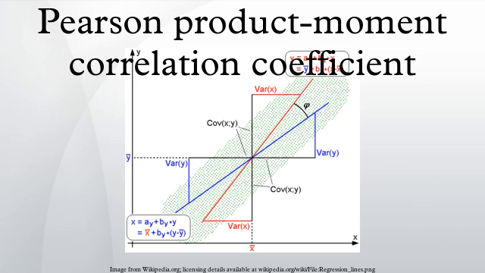Sensitivity to the data distribution: existence. The population Pearson correlation coefficient is defined in terms of moments, and therefore exists for any bivariate probability distribution for which the population covariance is defined and the marginal population variances are defined and are non-zero. Some probability distributions such as the Cauchy distribution have undefined variance and hence ρ is not defined if X or Y follows such a distribution.